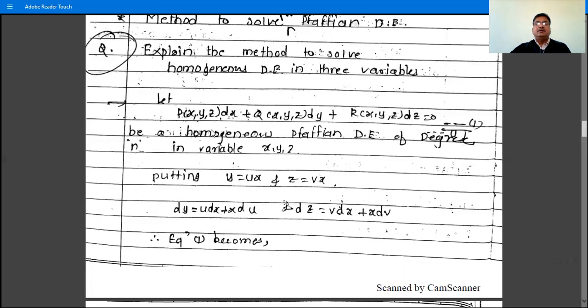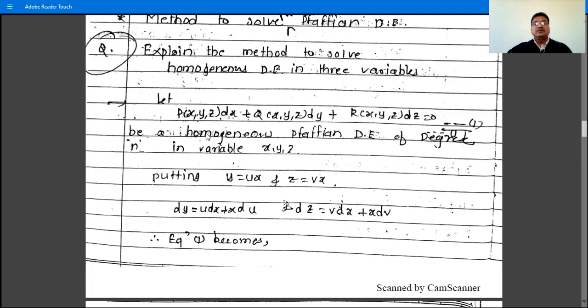If the differential equation is a homogeneous differential equation in two variables, then what is its form? P(x,y) dx plus Q(x,y) dy is equal to 0, where P and Q are homogeneous functions of the same degree.